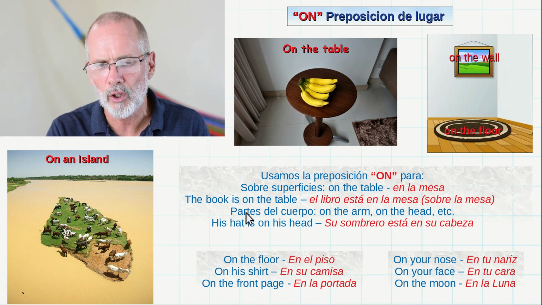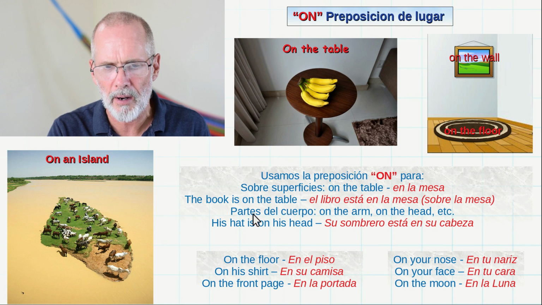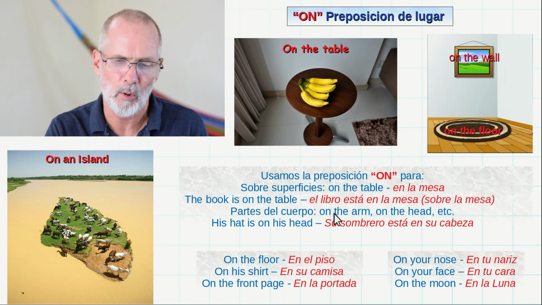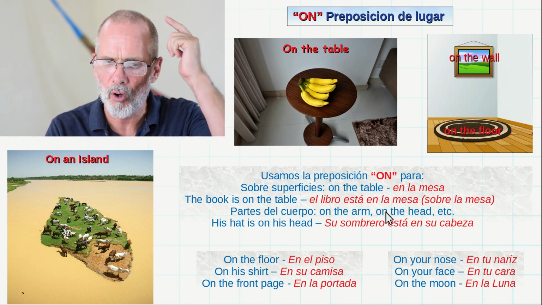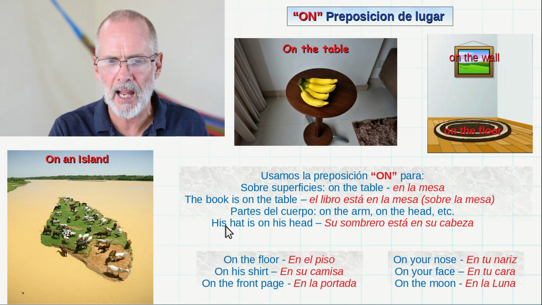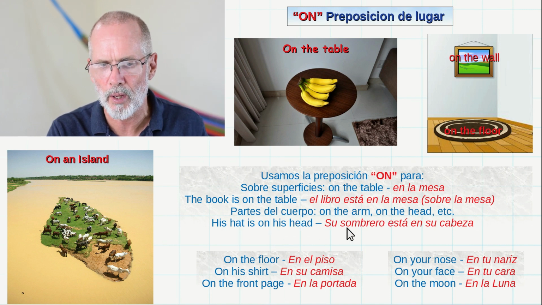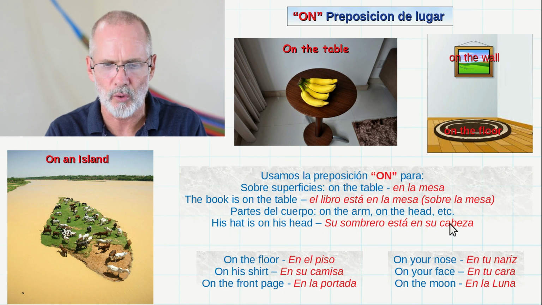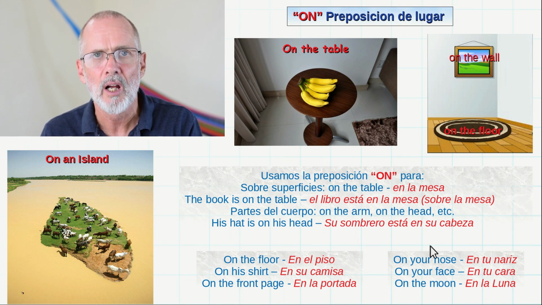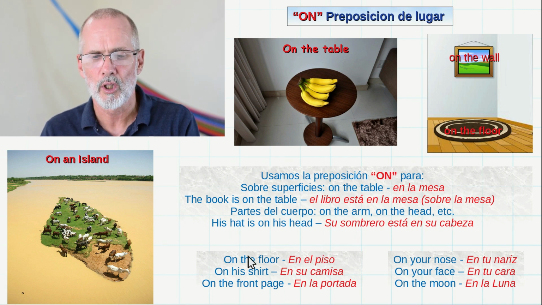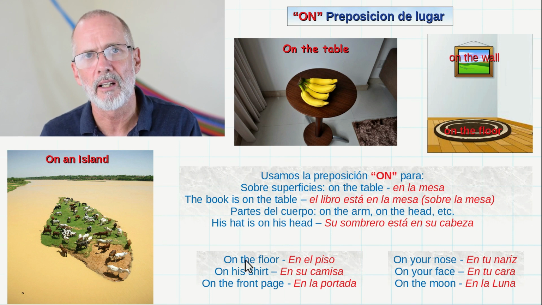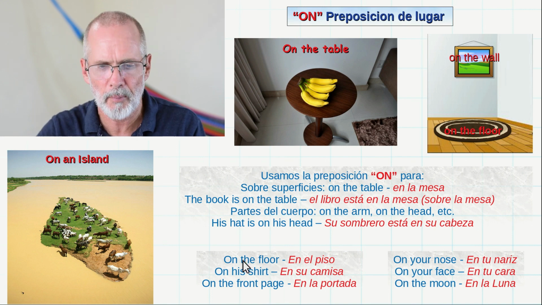Otro uso de esta preposición es para partes del cuerpo. Por ejemplo, on the arm, on the head. His hat is on his head. Su sombrero está en su cabeza. Y aquí tengo algunos otros ejemplos. On the floor, en el piso, superficie plana.